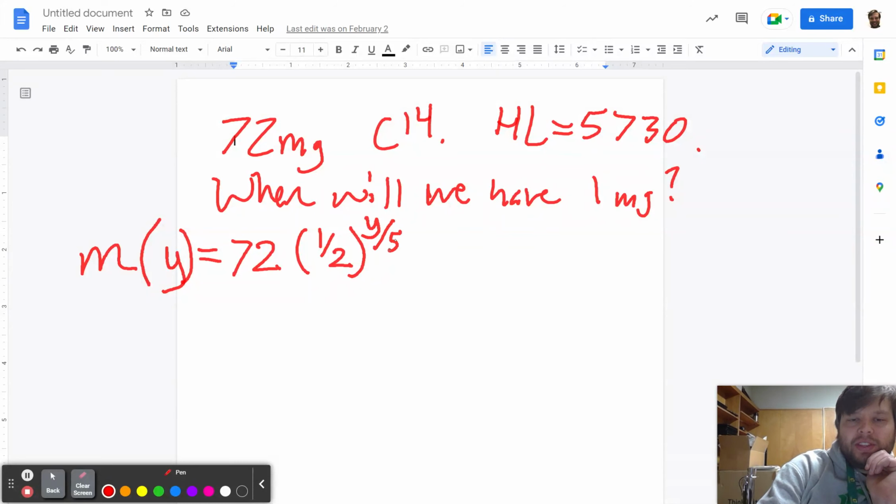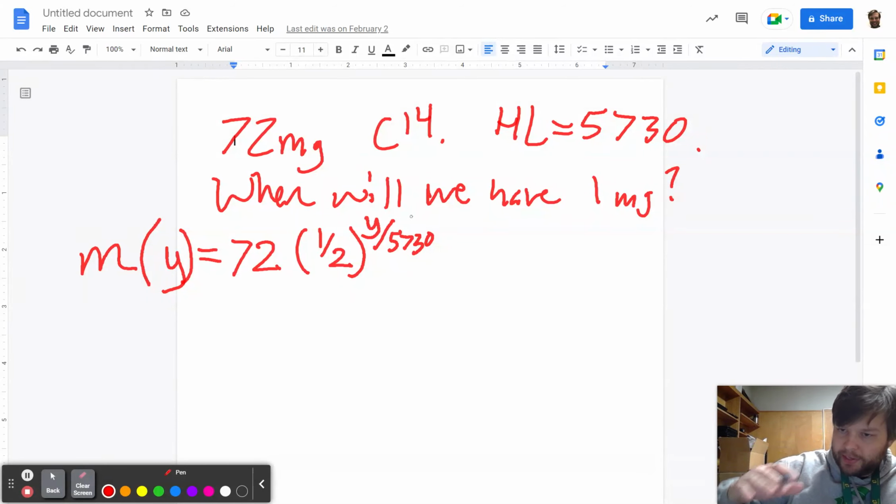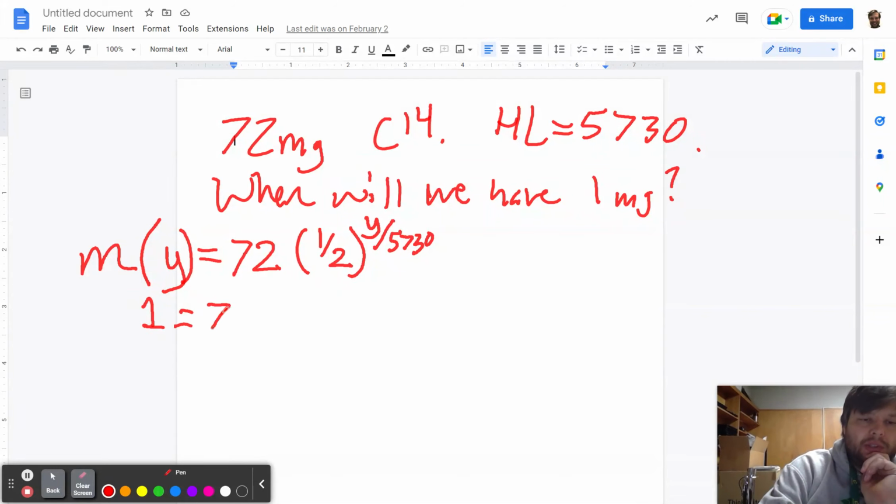It takes me 5,730 years, so I divide the exponent by 5730, and now I've got this. So far I've just written down my model. If I typed it into my calculator, I could look at the table and it would tell me at every given year how much I've got. But I have to scroll way down to get to 1 milligram. So that's why it's useful to learn these logarithms to help you solve.